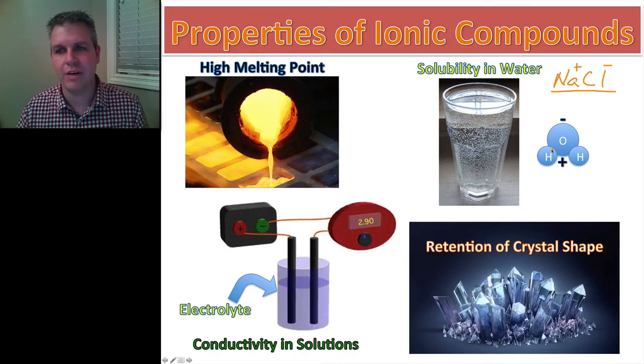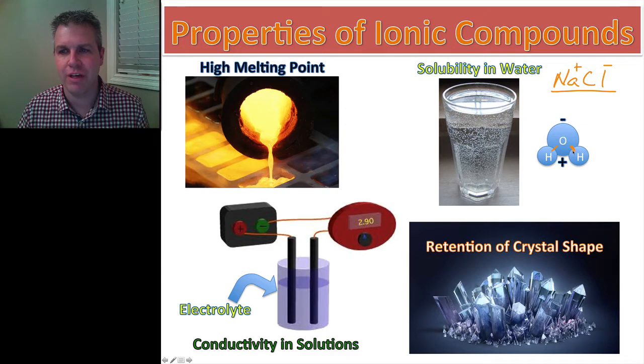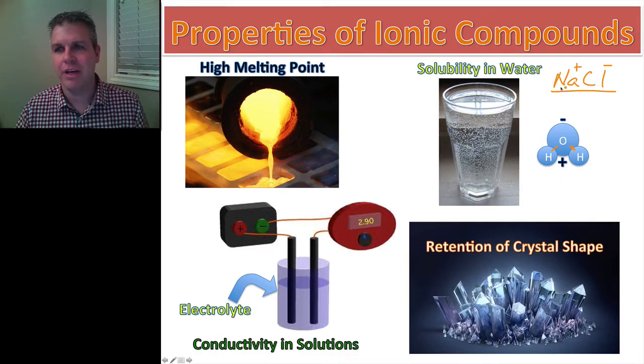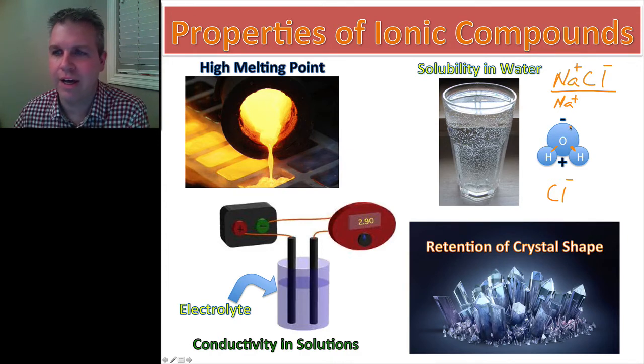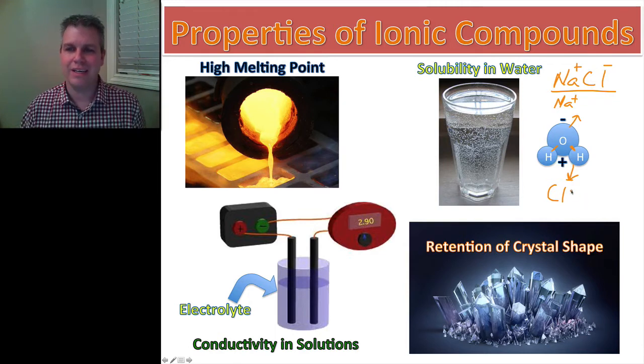The bonds in ionic compounds are easy to break apart. Our negative ion is going to be attracted to the positive side of water, and our positive ion is going to be attracted to the negative side of the water, which means that it's going to pull apart that way. So basically, that's how the dissolving takes place.